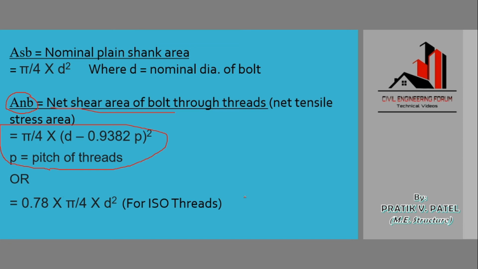But we have a direct formula, 0.78 into pi by 4 d square. So we can say that in order to find out the net cross-sectional area of the bolt through threads, it is 78% of this plain shank area. We can directly multiply it with the factor 0.78. So this will be the thing we'll be considering in the numericals.